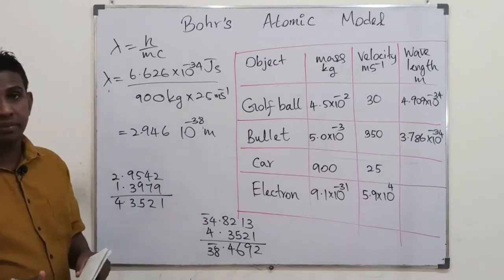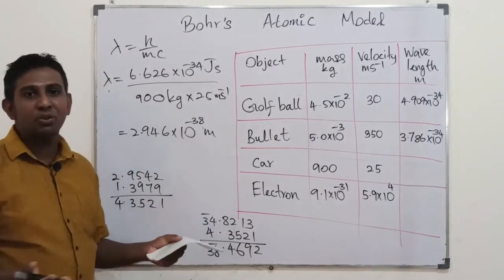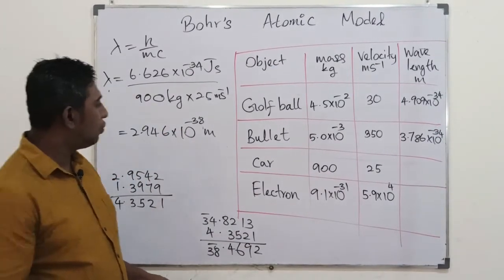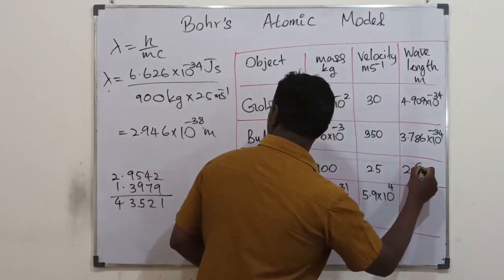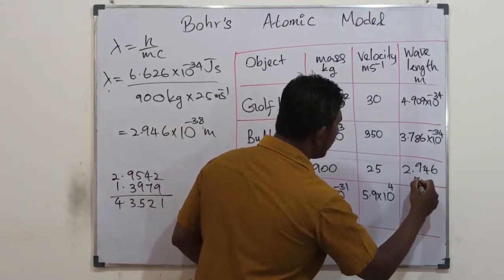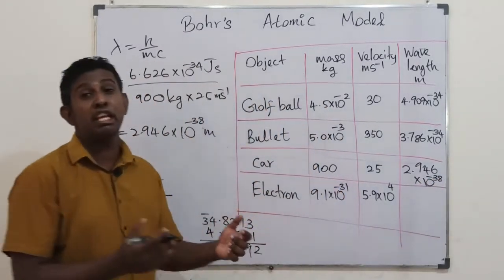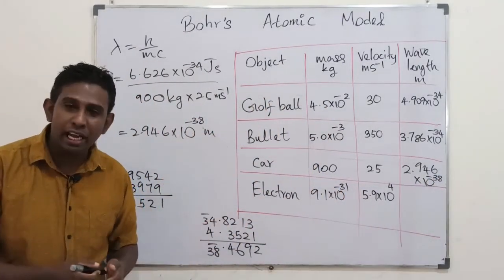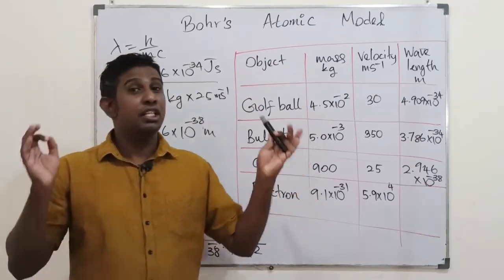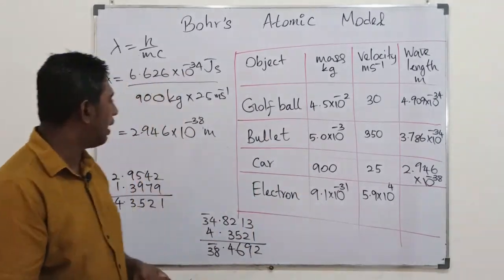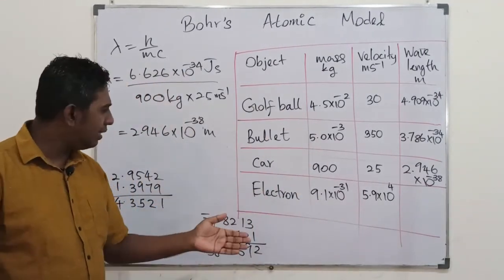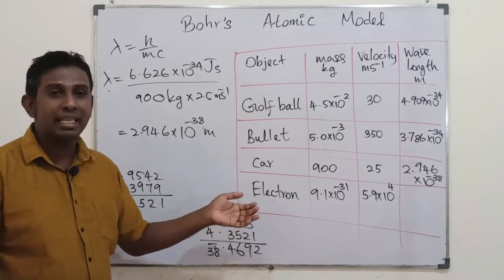This is the answer. Students, what you get is 2.946 into 10 to the power minus 38. It's a very, very small value. The wavelength you get standing for the motor car. Then let's do it for the electron.